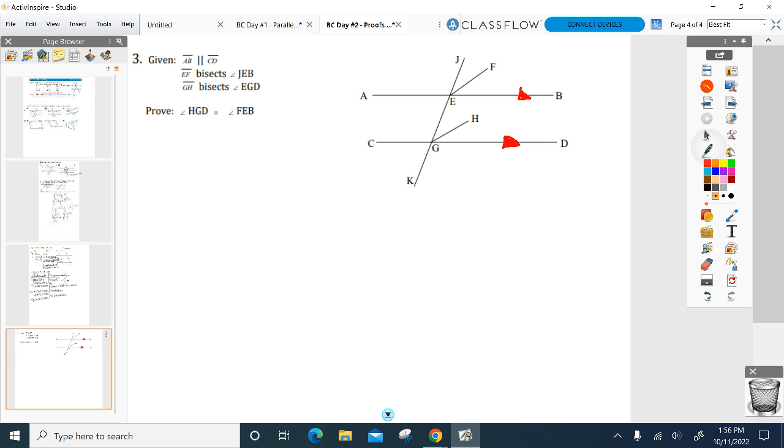Hopefully some of you, your eyes are lighting up on the next two givens. I don't know from our work in unit 2, but you can put in your statements, reasons, and we'll talk.